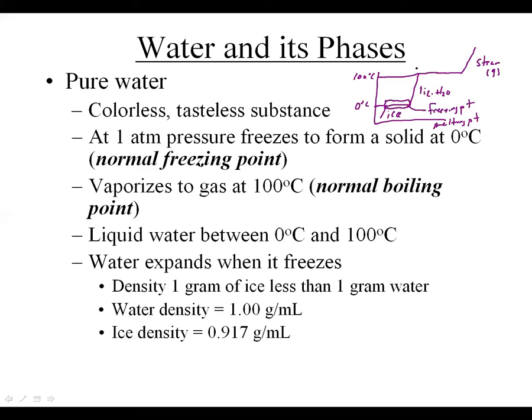Same thing up here. This is where the transitions occur between liquid and gas. That's where evaporation occurs as we go from liquid to gas, or steam in this case, and condensation if we were going the opposite way, from gas back to liquid.